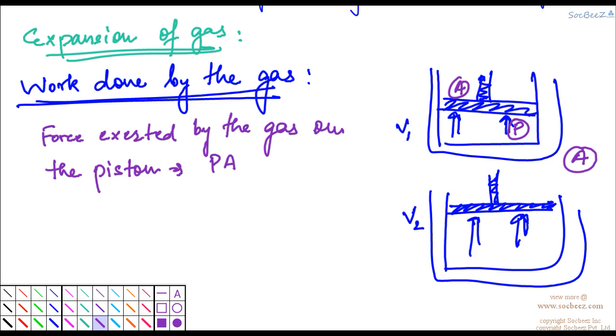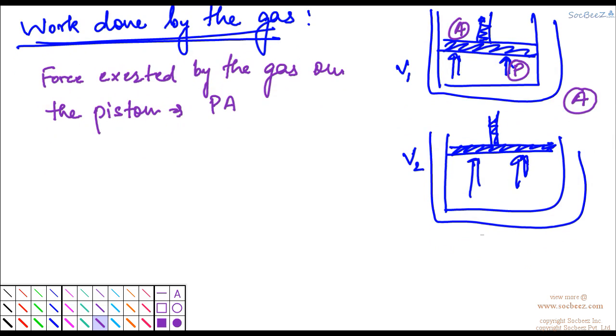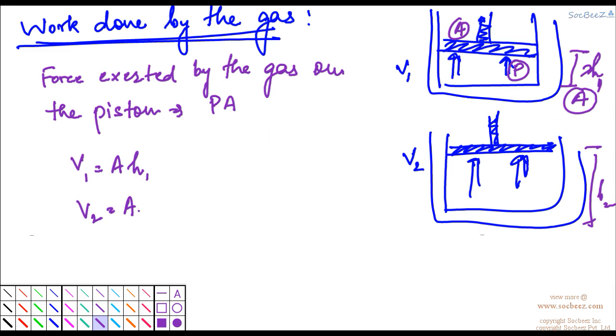Now, how has the volume been changed? The area has still remained same, just the height has been increased. Let's suppose this height was h1 earlier, and now it has become h2. So we know that V1 is equal to A into h1 and V2 is equal to A into h2.